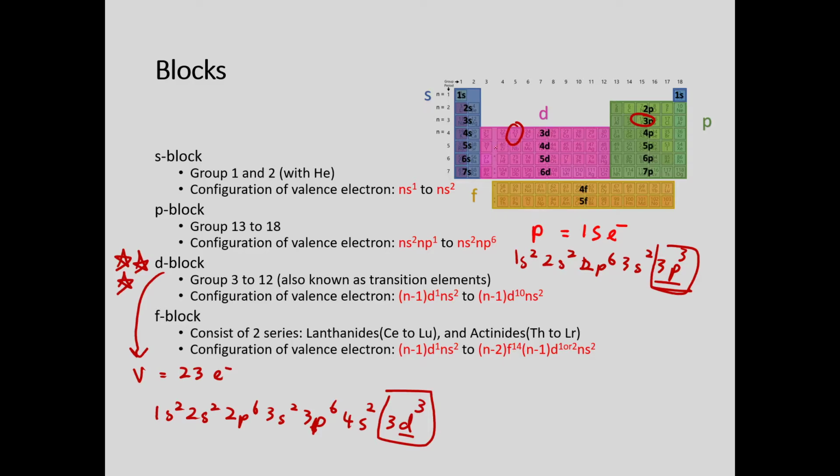Okay, tapi untuk period, kita tengok the highest, which is here, which is 4s. Dan jangan terkejut, kalau dalam buku, untuk vanadium cara dia orang tulis is like this. Cara dia tulis is 1s2, 2s2, 2p6, 3s2, 3p6, 3d3, and 4s2.